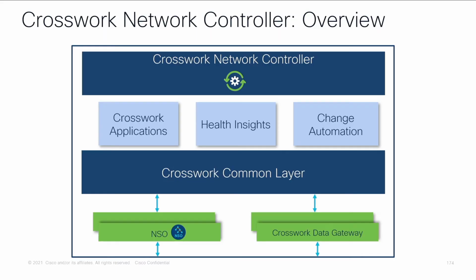This is a very high-level overview of the Crosswalk Network Controller, and we'll focus on the four main components: Health Insights, Change Automation, NSO, and Crosswalk Data Gateway. We all know what NSO is, so we're not going into the details of NSO.